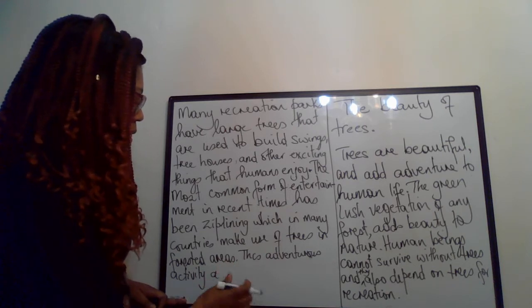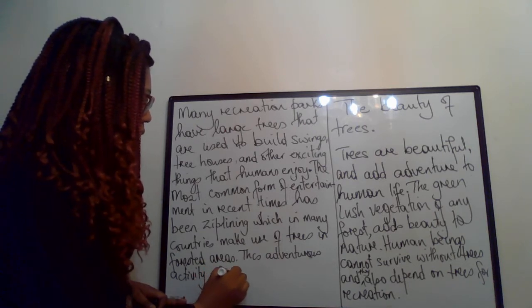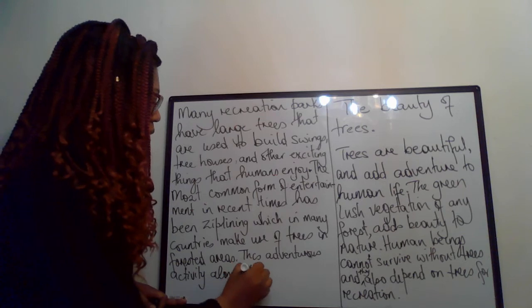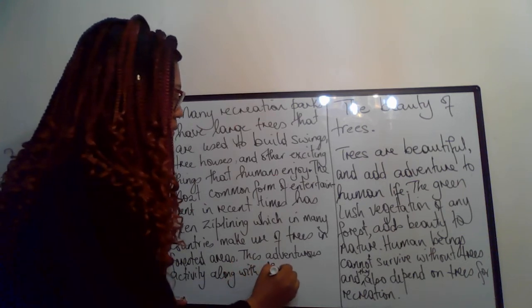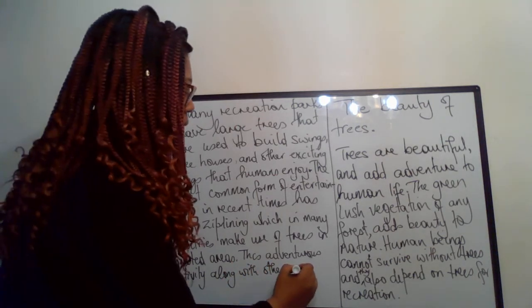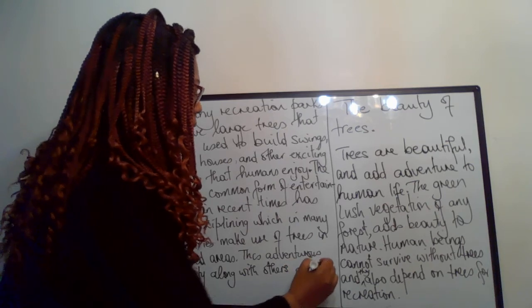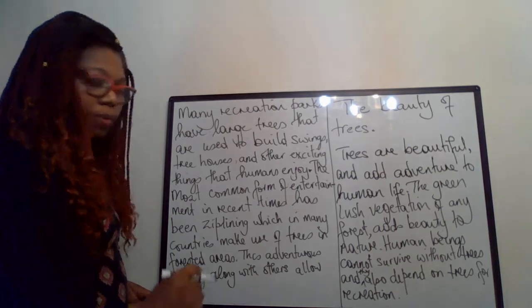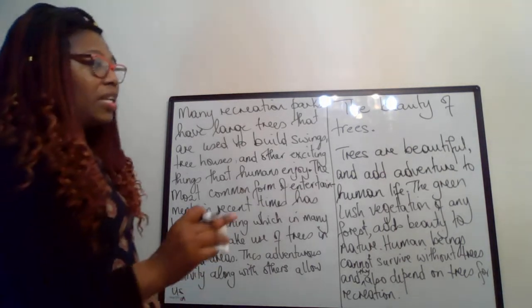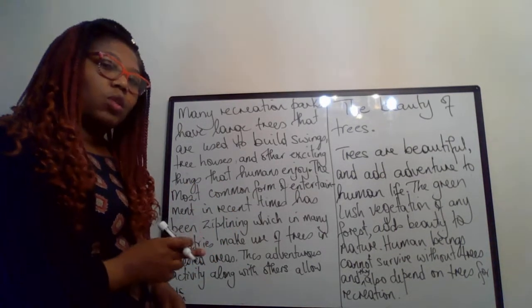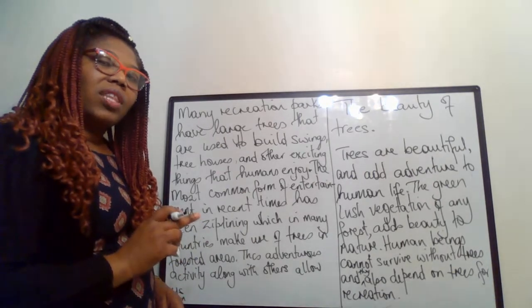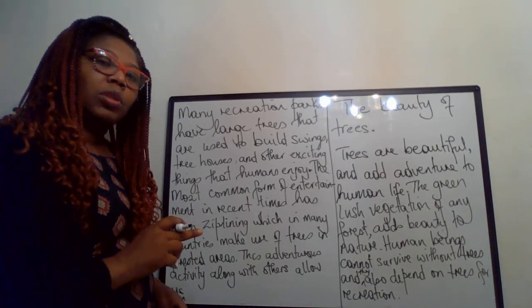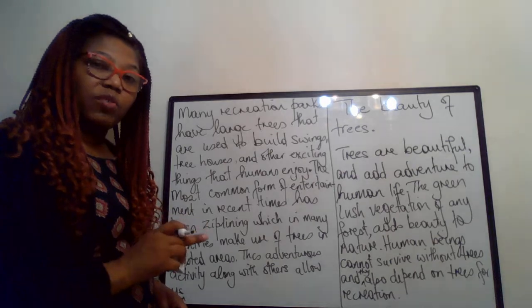Along, yes, along with others, allow us. No, we don't want to use us, because remember in one of the classes I spoke to you about perspective, point of view.